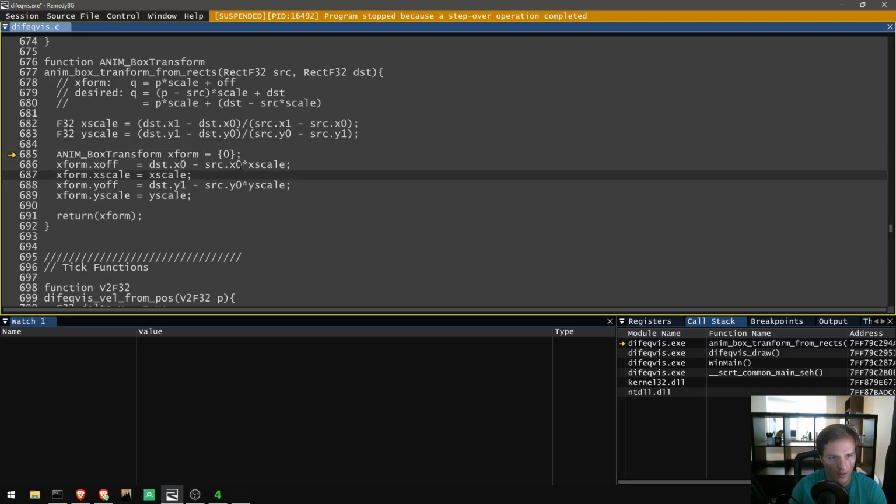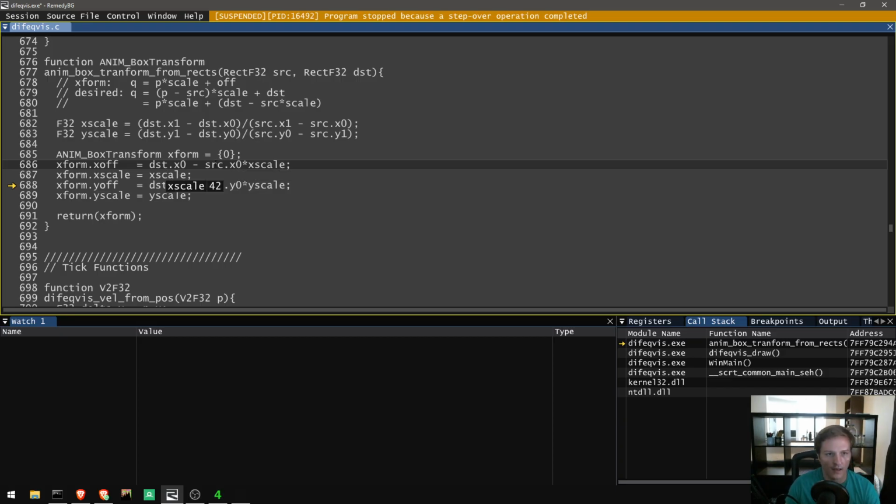Now, source x0 is -1 times, so we get -42 plus the 0 here, so x off becomes positive 42, and the x scale is positive 42. So if I give you a -1, you're going to multiply it by 42, -42, then add in x off and you get a 0.